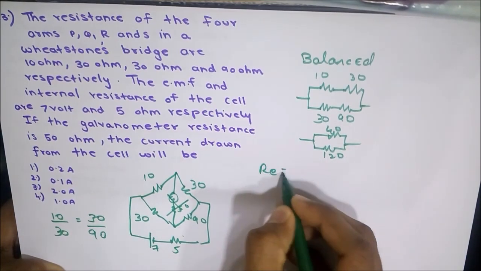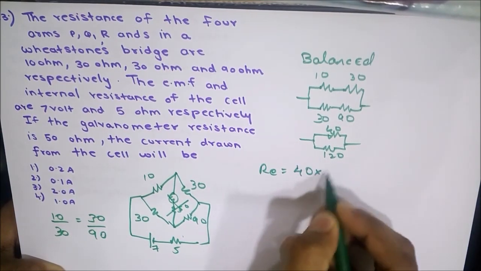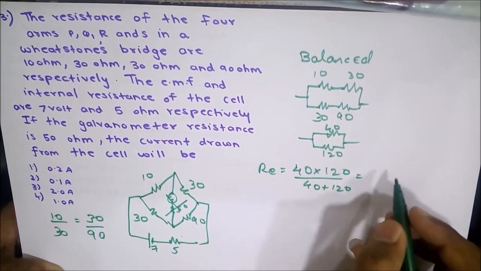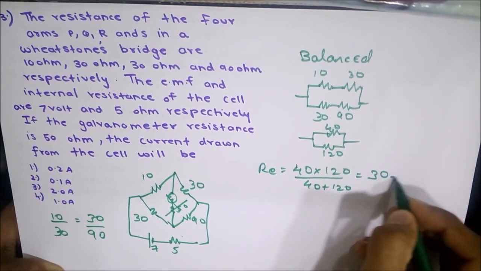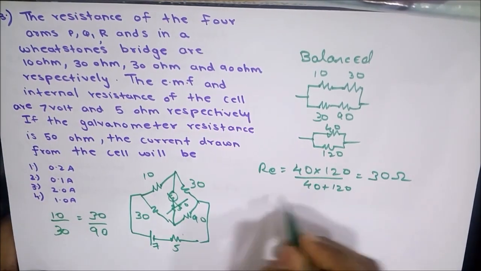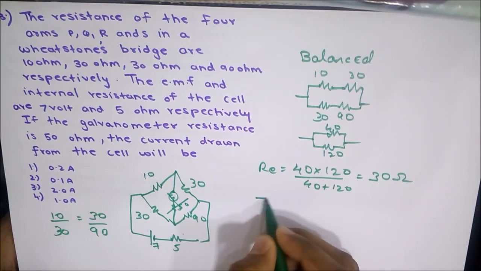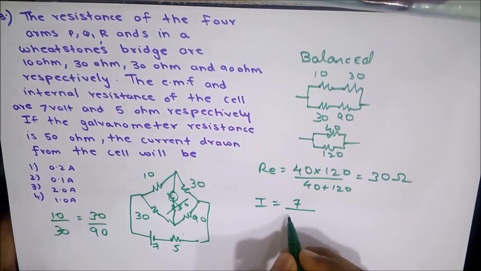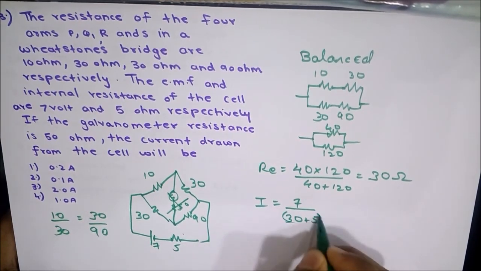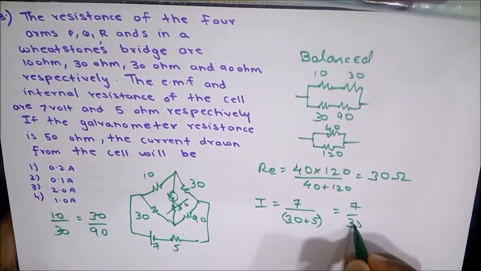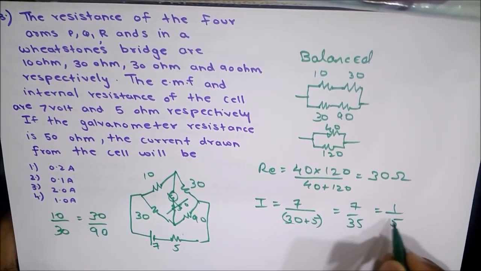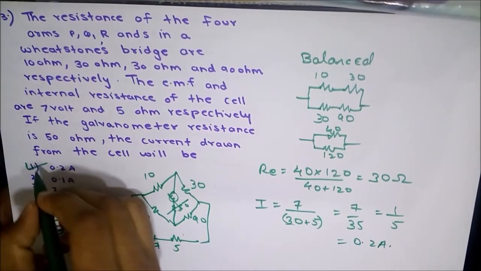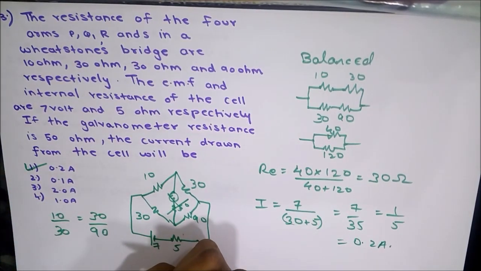The total effective resistance is 40 into 120 upon 40 plus 120, which turns out to be 30 ohms. So the current I is nothing but V, which is 7 volts, upon 30 plus 5. 7 upon 35, 1 by 5. So 1 by 5 is 0.2 amperes. So option 1 is the correct answer.